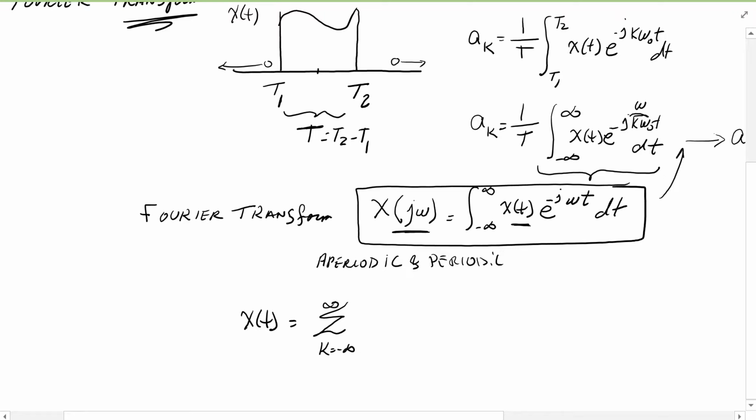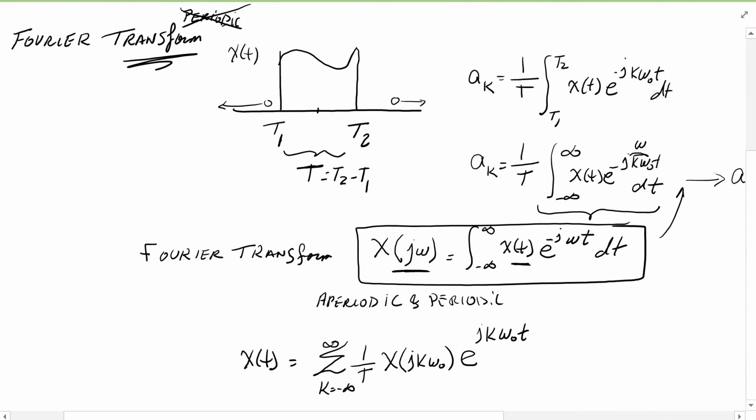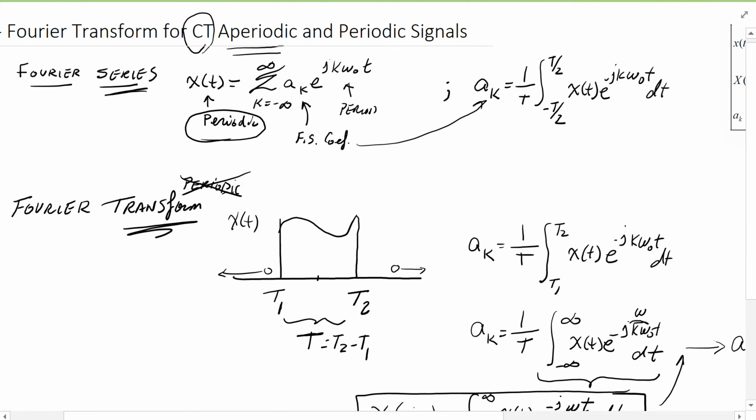So a of k used to be here, so instead of a of k, I put 1 over T x of j omega, or I'll just go back to k omega 0, and then e to the j k omega 0 t. I just want to make sure that you see that I'm really rewriting the Fourier series equation.